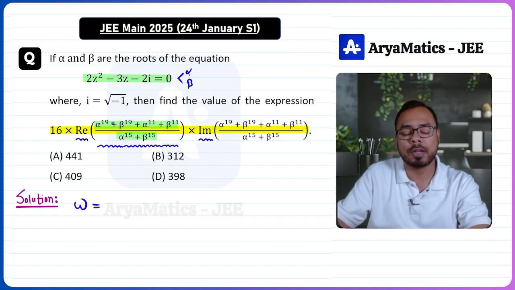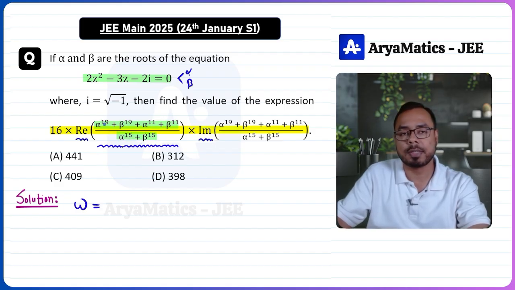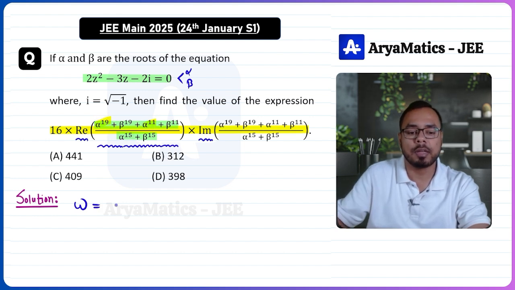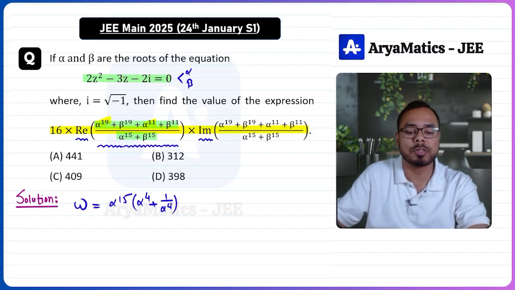Now see, here what we can do is that in the denominator you have alpha raised to 15 plus beta raised to 15. So try to create the same thing in the numerator. From these two terms, alpha raised to 19 and alpha raised to 11, you can take alpha raised to 15 common, and that means we have alpha raised to 4 plus 1 by alpha raised to 4. We'll see how to find the value of this one.